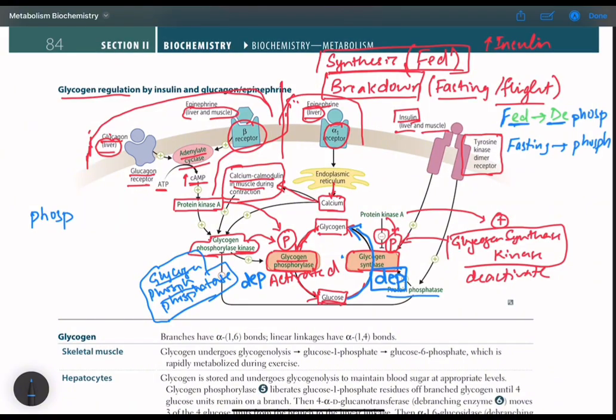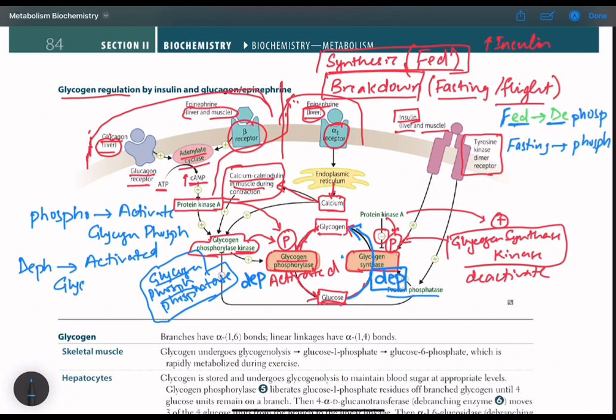In phosphorylated state we have activated glycogen phosphorylase, while in dephosphorylated state we have activated glycogen synthase, or in other words, glucose is converted into glycogen and stored in our body. That was all about glycogen regulation.